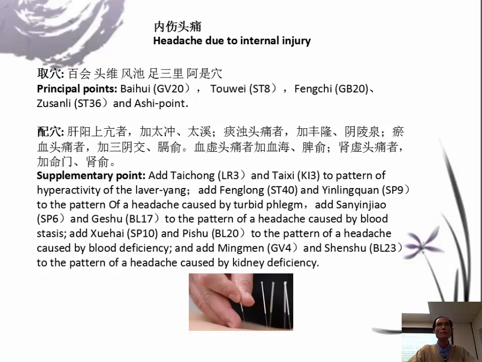Okay, and besides exterior syndrome, we are talking about internal injury. Again, the principal points will not be far away from 保会, GV20, okay, 风起. But this time we add two more points. One is 头尾. You know where 头尾 is?